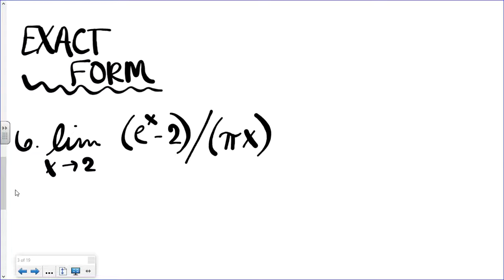Now that's a division bar in between there. Okay. Does 2 pose me any issues to plugging in here? Does it cause me a denominator error? No? Okay, so we can go ahead and plug it in. If I plug this in, I get e squared minus 2 over 2 pi.